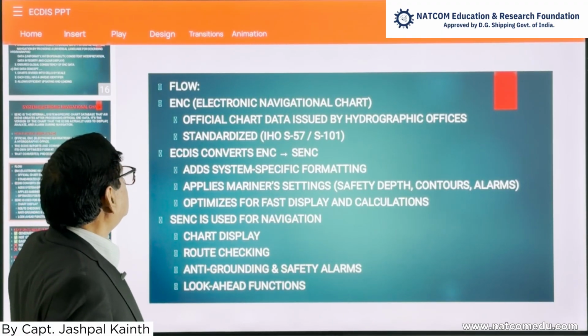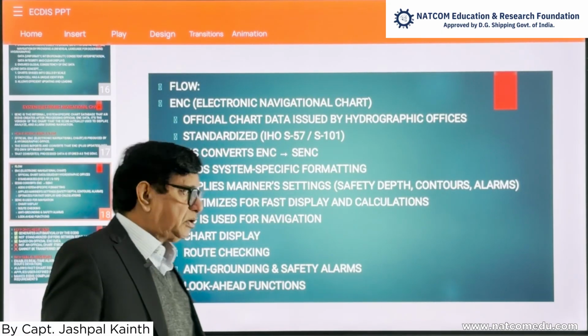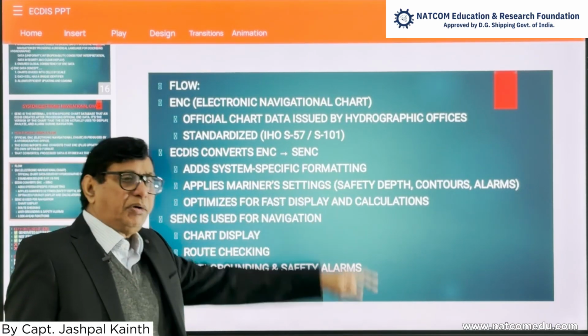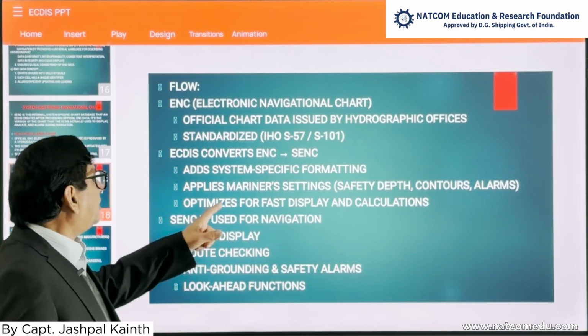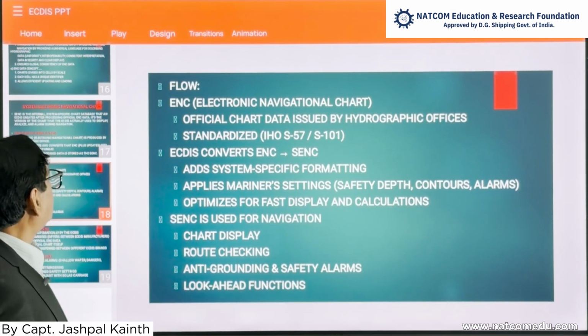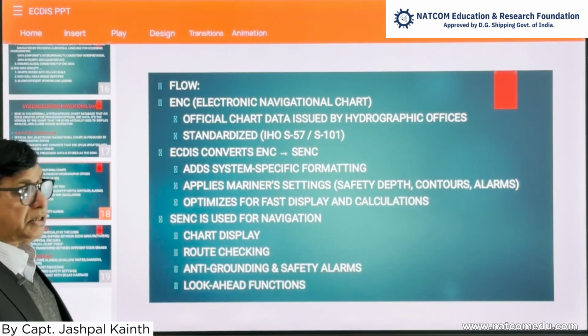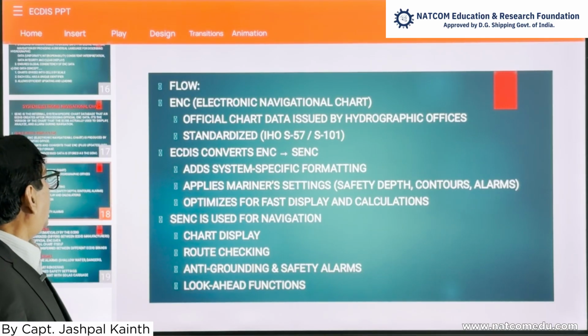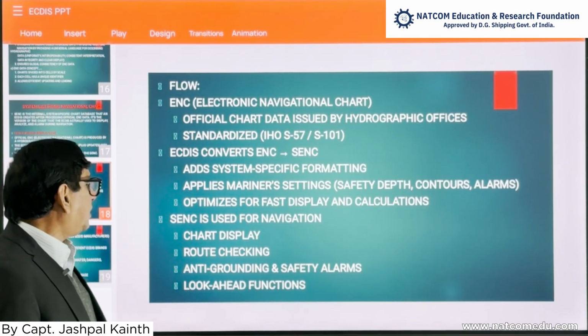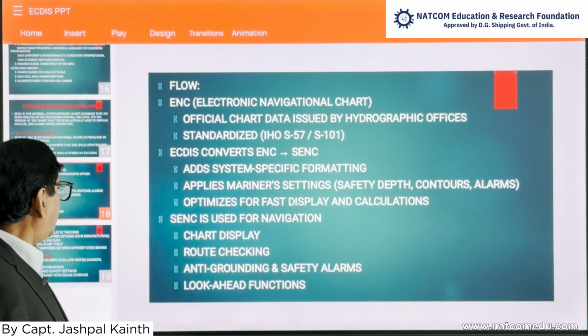ECDIS converts ENCs into SENCs, which you all know, and it adds system-specific formatting, applies the mariner's settings, that is safety depth and contour, which you can customize, and optimizes for fast display and calculations. SENC is used for chart display, route checking, anti-grounding, safety alarms, and look-ahead functions.